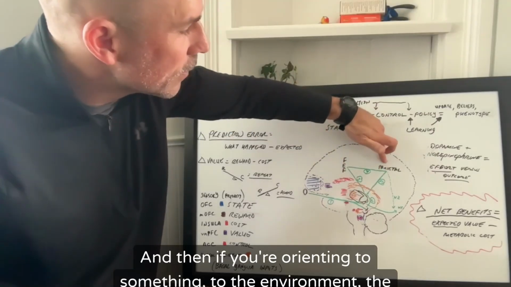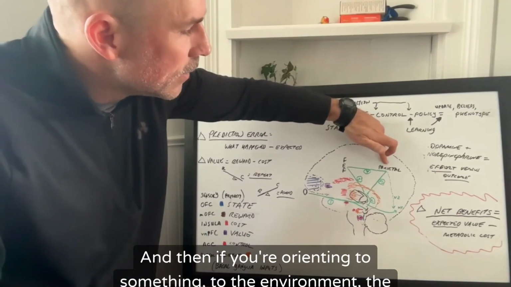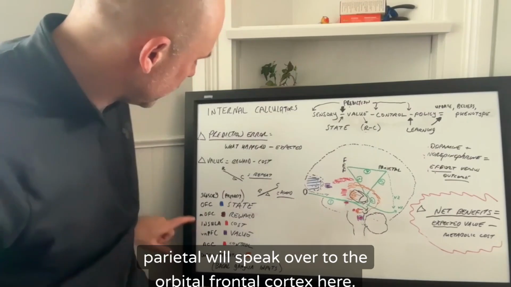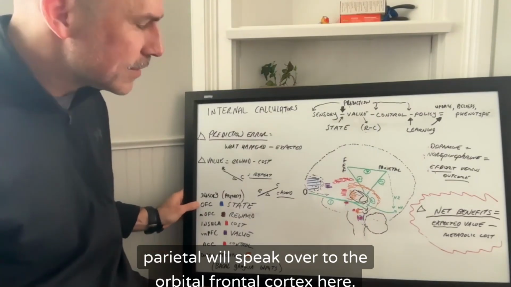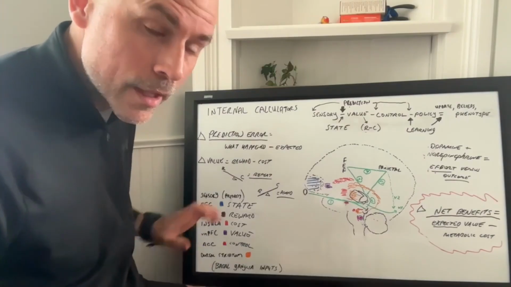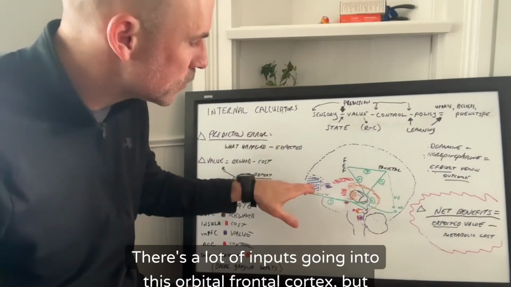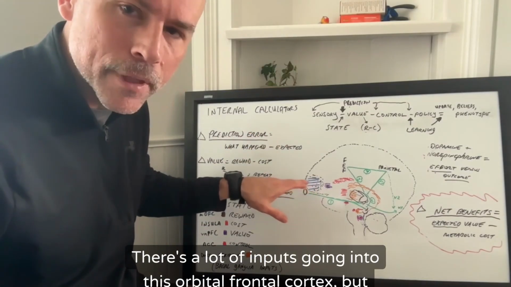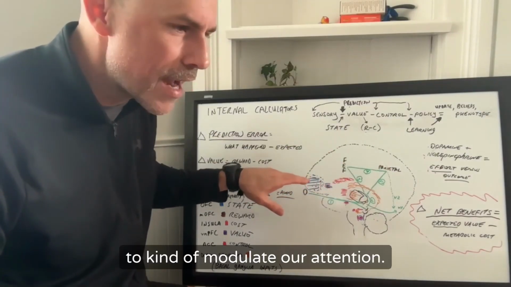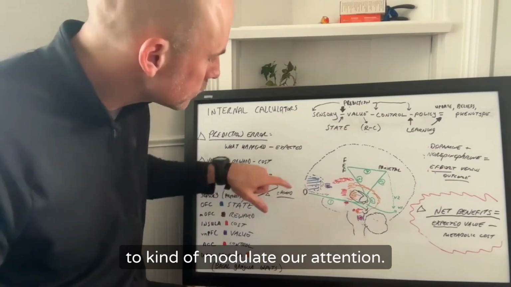And then if you're orienting to something in the environment, the parietal will speak over to the orbital frontal cortex here, and this is where kind of your state is being mapped out. There's a lot of inputs going into this orbital frontal cortex, but we're just using vision to kind of modulate our attention.